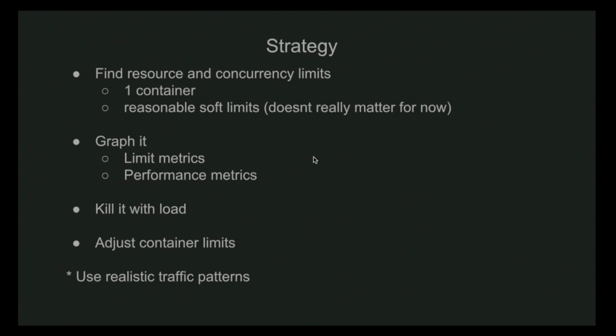You want to be able to exceed your limits, and they need to be reasonable. They don't really matter what they are because you're running one container, so as long as the host can handle more than one container, you're generally fine. And as long as you're using soft limits, you can exceed them, see where it bottlenecks, and then tune them appropriately later.